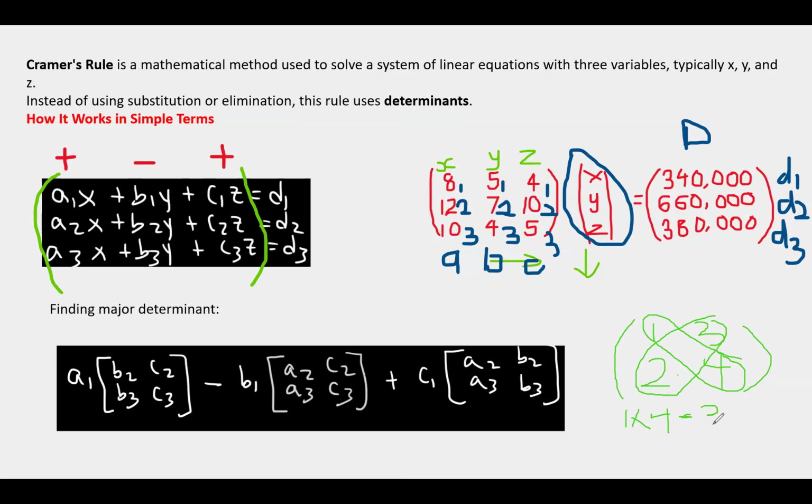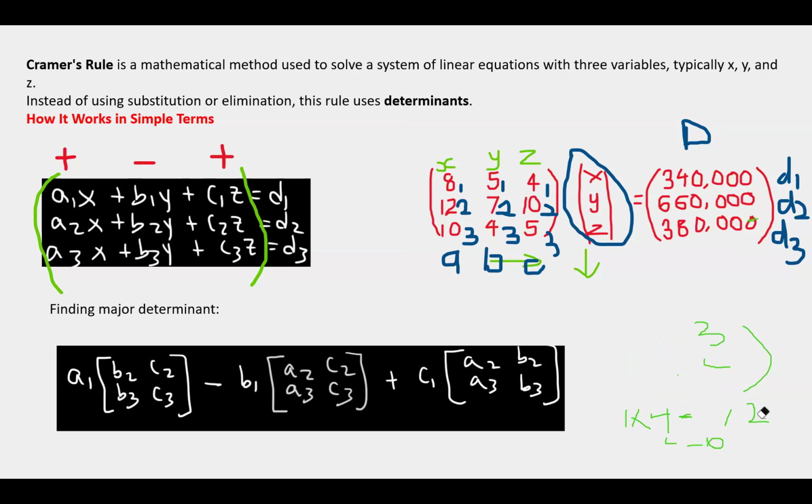So we have 3 times 2, which will be 4 minus 6, which will give us -2 as our determinant. So that's just a reminder of how we used to find a determinant for those who had forgotten. Just erase this annotation.